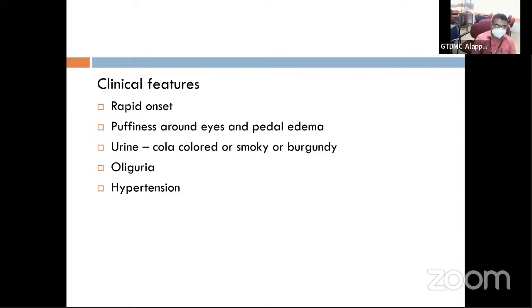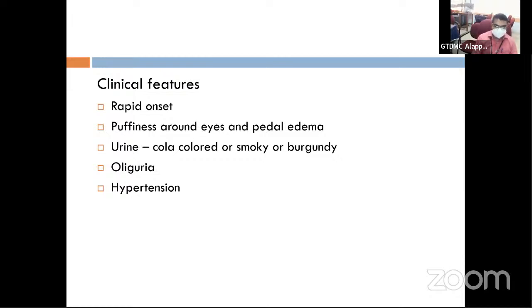Edema usually manifests around the eyes, usually around the upper eyelid. Initial edema will be over the upper eyelid because the tissue resistance is less in the periorbital area. That is why, and renal edema usually manifests in the early morning hours. As the day progresses, edema usually subsides in the initial days, in the early phase.